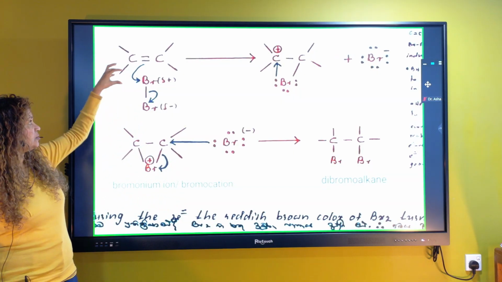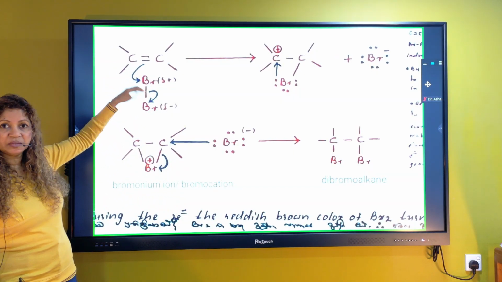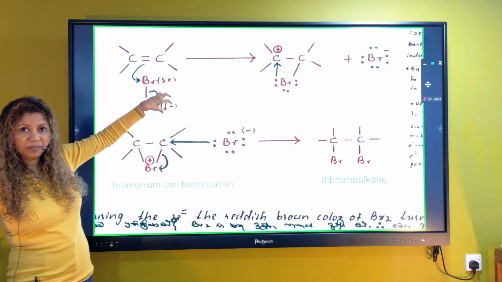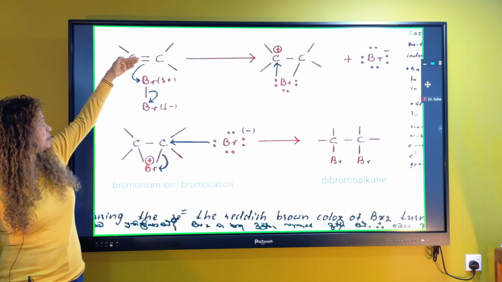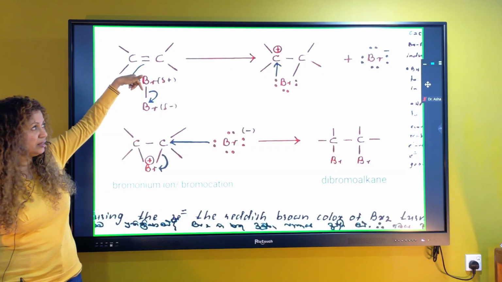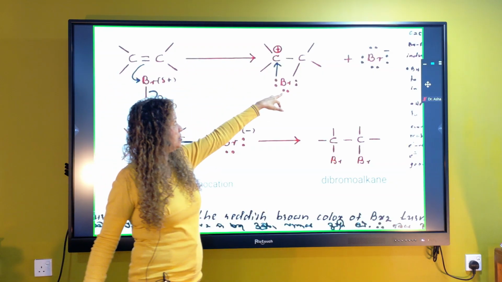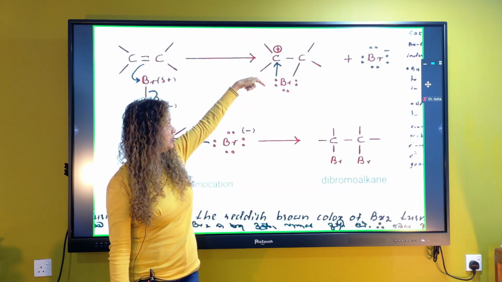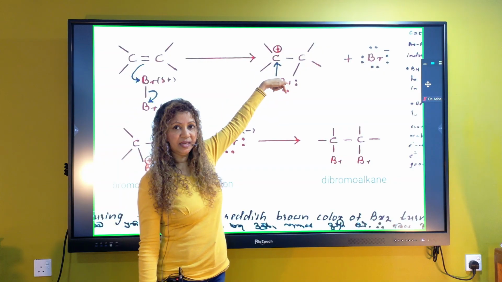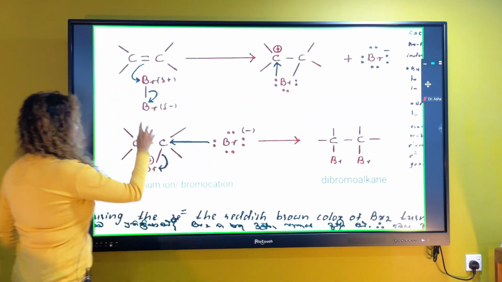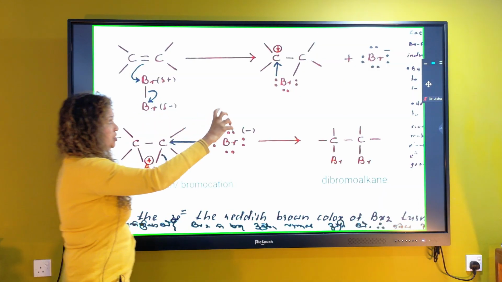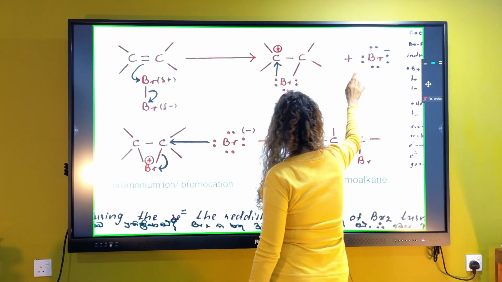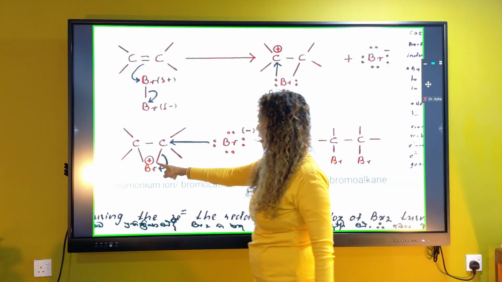It pushes the electron cloud of bromine away from the bromine-bromine bond, so it gets a partial positive and a partial negative. The partial positive joins with the double bond. Then you get a plus charge on this carbon, which is unstable, so it makes a dative bond with this bromine, and the delta minus terminal detaches and gets away, existing as Br minus, while here is Br plus.